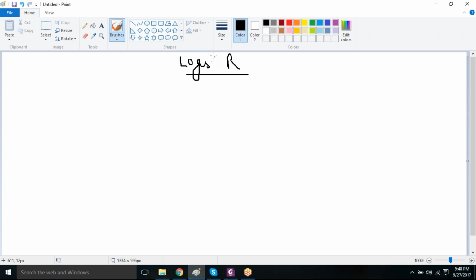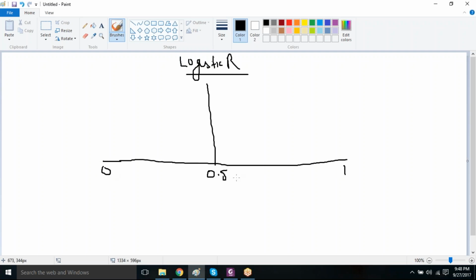Now let us see what actually logistic regression does. Logistic regression basically plots a function like this. See, this is 0.5. This is 1. This is 0. Now, basically, what I am plotting is, okay, I did the wrong thing.